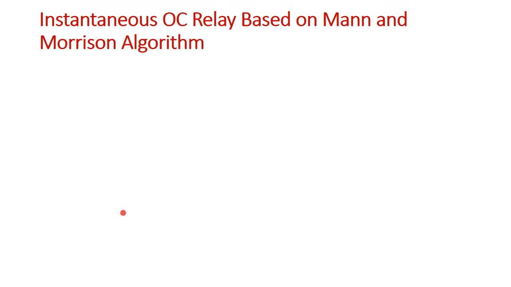So let us see the application or implementation of this Mann Morrison algorithm in an instantaneous overcurrent relay, though it can also be used in the directional overcurrent relay.